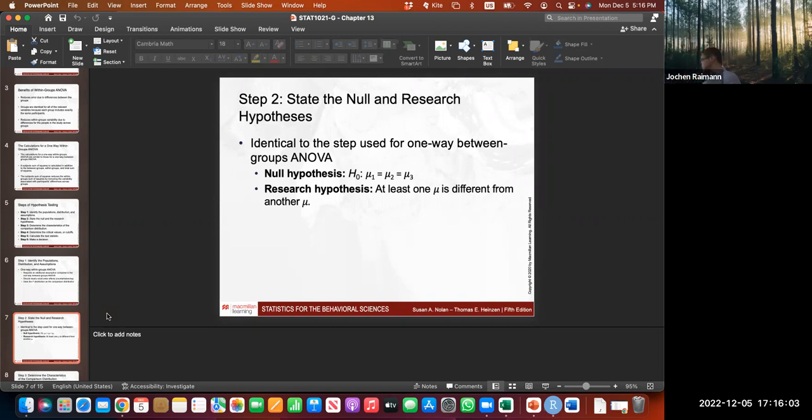Now we want to test our null hypothesis that the means are identical. Under the research hypothesis, at least one mu is different from another mu.